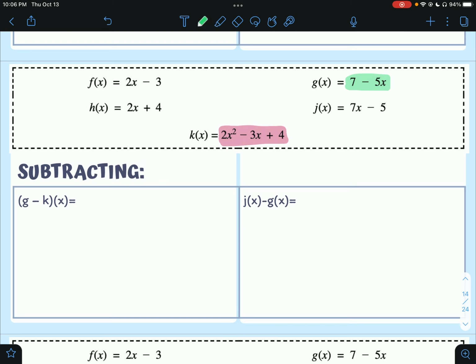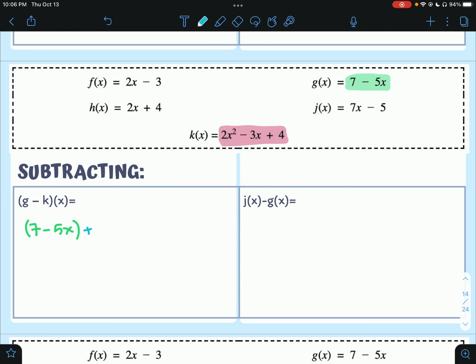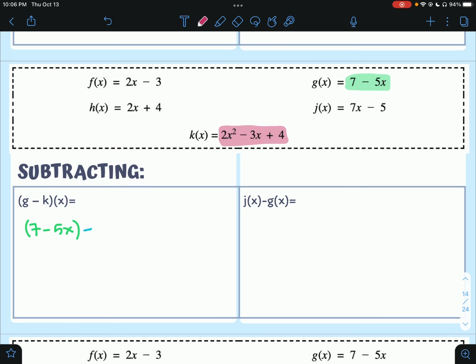All I'm going to do is I'm going to come over here and write it as g minus k.